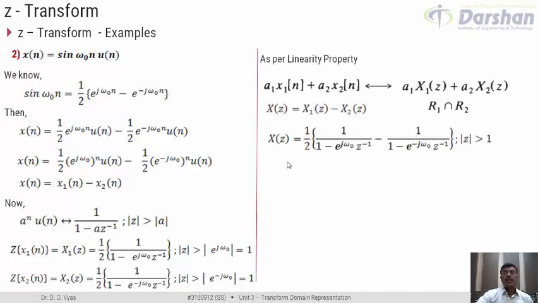So again, by the property of linearity, we can express the Z transform of x of n as X(z), which would be equal to X1(z) minus X2(z). So we substitute the values of X1(z) and X2(z) and we come to this particular expression.